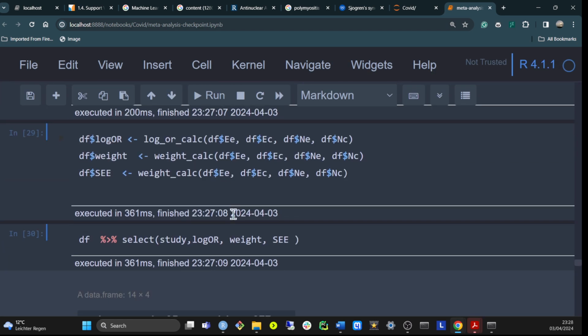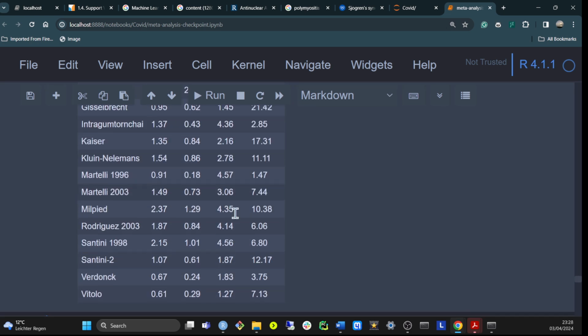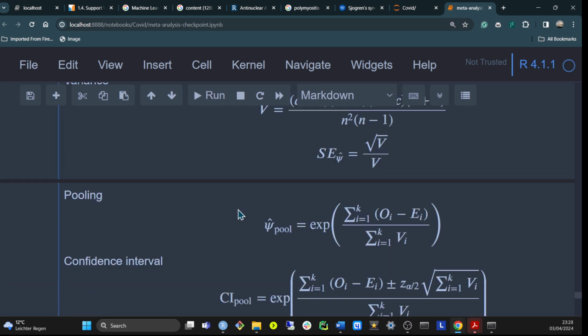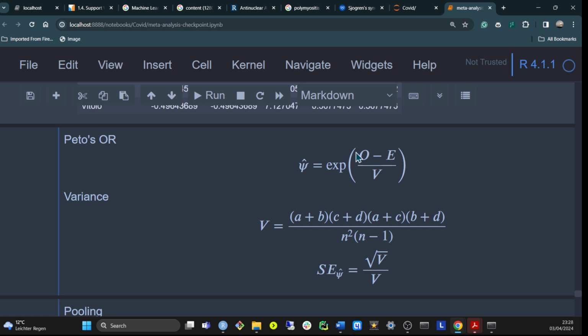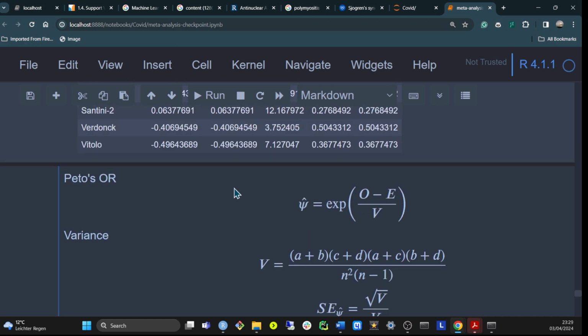So here we need EE plus EC times NE divided by the total. This function gives you EE plus EC times NE divided by the total, and then, of course, you return the expected frequency, and this function will give you the expected value.